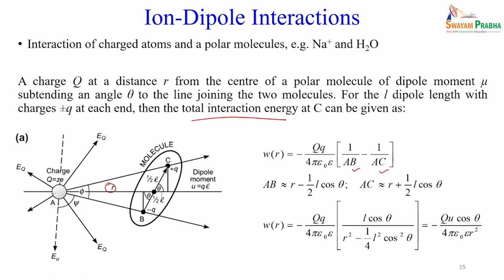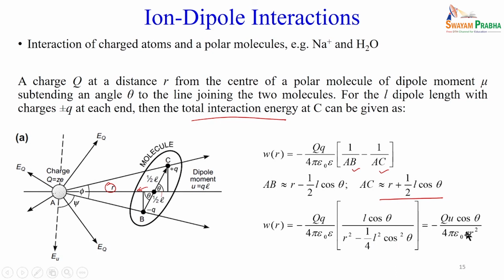So, the value of AC we can write as R plus 1 by 2 L cos theta, and similarly for AB we will write R minus, as this is coming towards the minus side, R minus 1 by 2 L cos theta. So, if you put the value here, we will get minus Q small q over 4 pi epsilon naught epsilon, L cos theta divided by R square minus 1 upon 4 L square cos square theta.